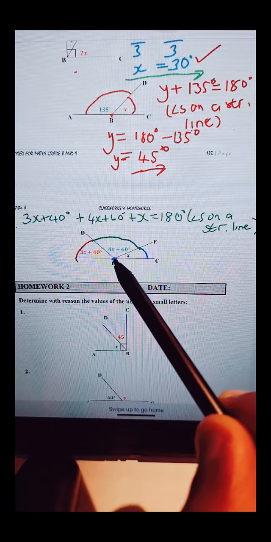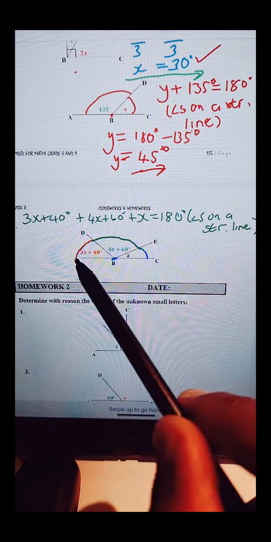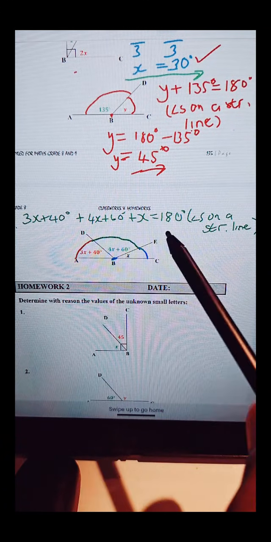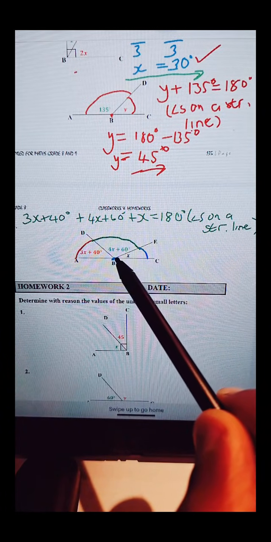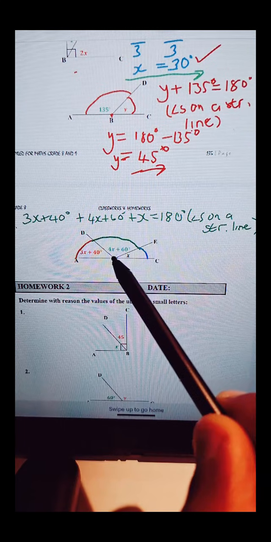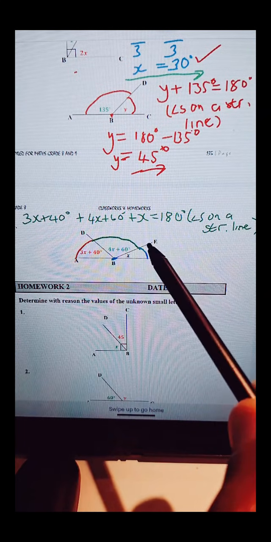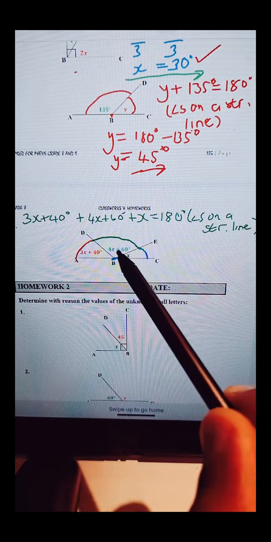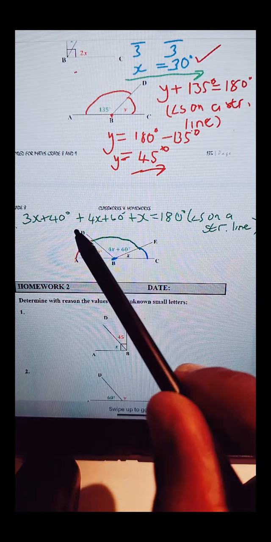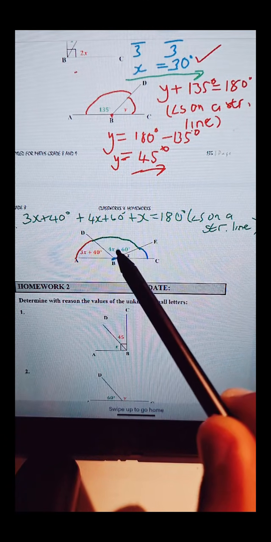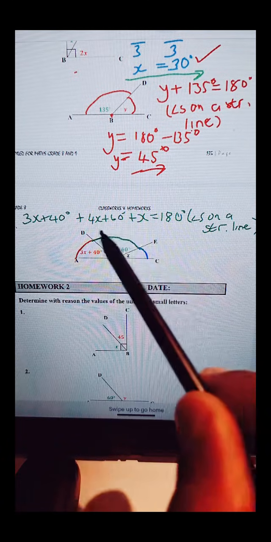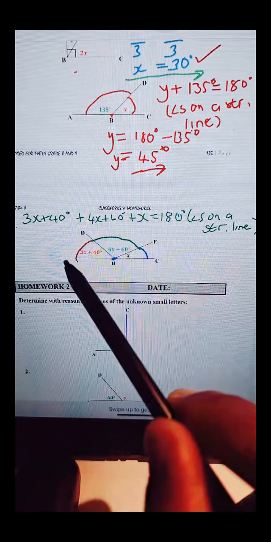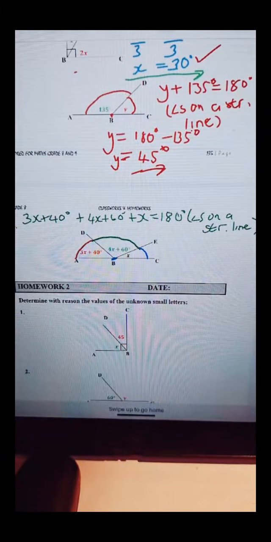They share a common vertex. AB, DB, BE, and CB all lead to this common vertex. 3. The common arm BE is a common arm for angle x and for 4x plus 60. DB is a common arm for 4x plus 60 and 3x plus 40. Added together, the three angles lying on a straight line are supplementary, meaning they add up to 180.